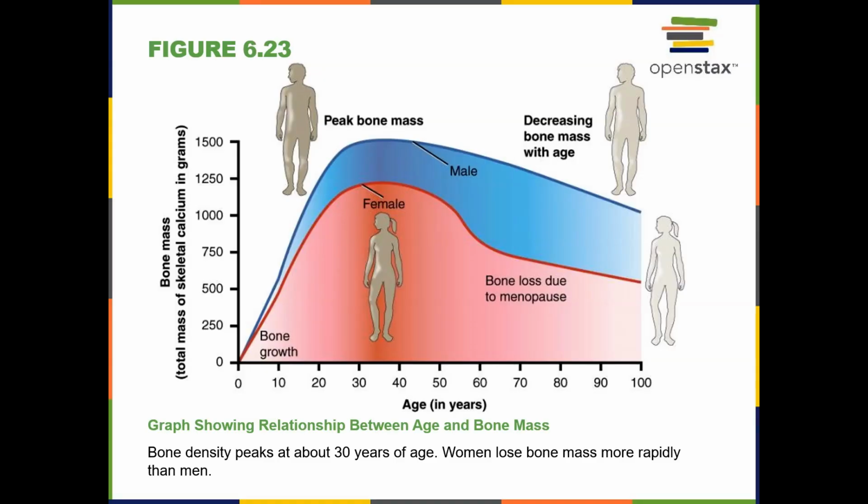Exercise is an important factor because putting a load on our bones, providing some mechanical stress to our bones, stimulates bone remodeling, stimulates the activity of osteoblasts to strengthen the regions of the bone that are experiencing the most mechanical stress.